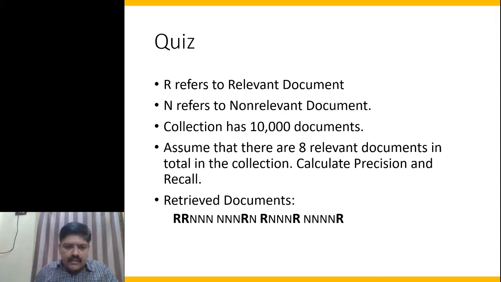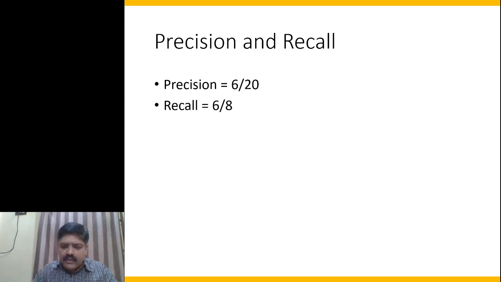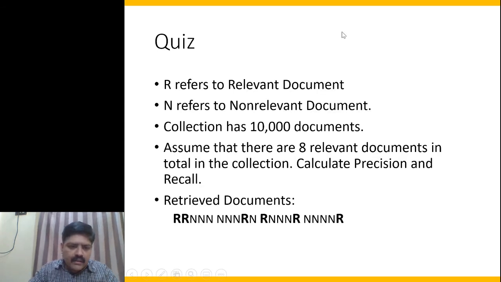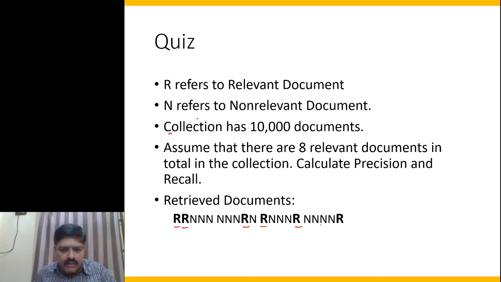Let me see if I can get my pen working here. Okay, so how many relevant documents do we have? You might have noticed this already. I have 1 relevant, 2, 3, 4, 5, 6.